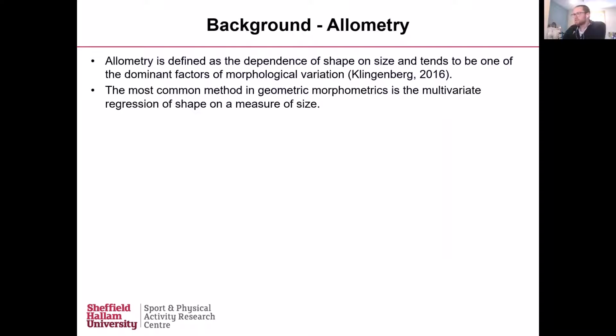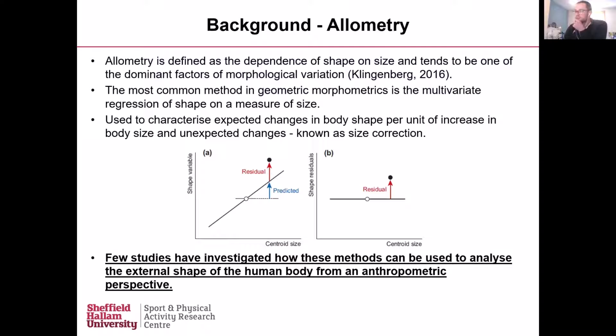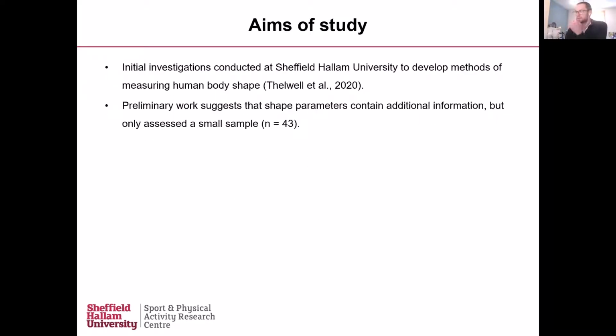Most commonly, you analyze this using multivariate regression of shape onto a measure of size, which allows you to not only characterize the expected changes in shape per unit increase in body size, but also identify the unexpected changes or the non-allometric variation in body shape, using a process called size correction. So though this has been used in lots of studies in other fields, it's never really been used from an anthropometric perspective, so analyzing the shape of the human body.